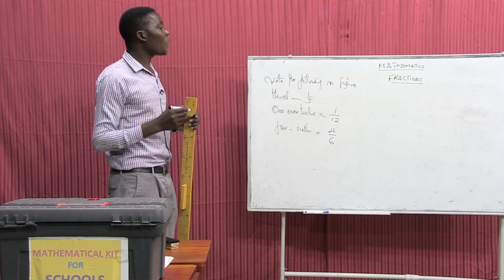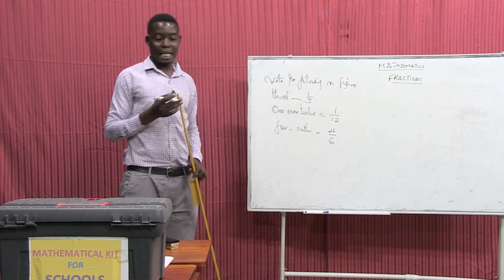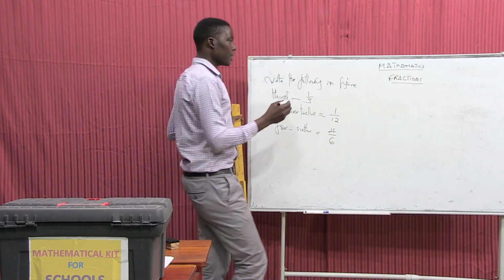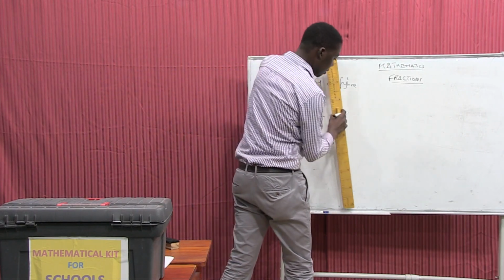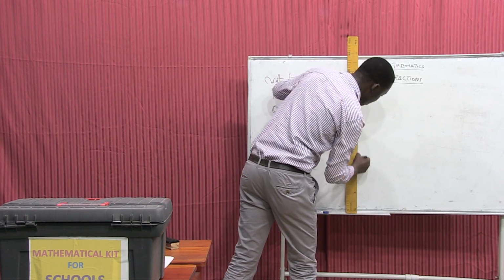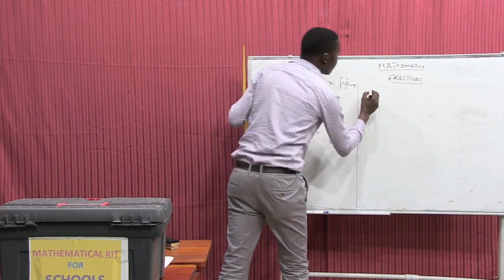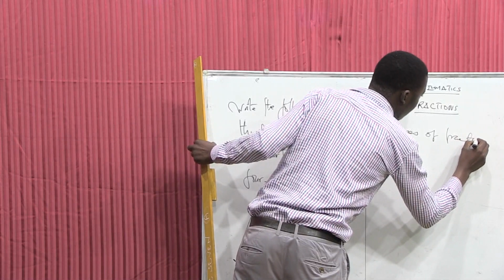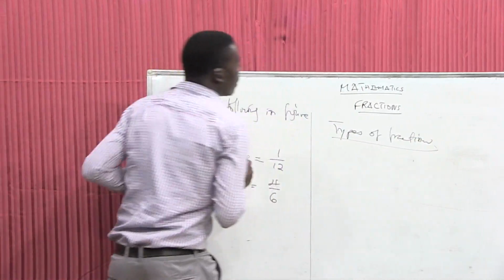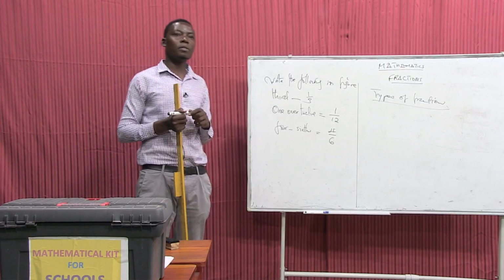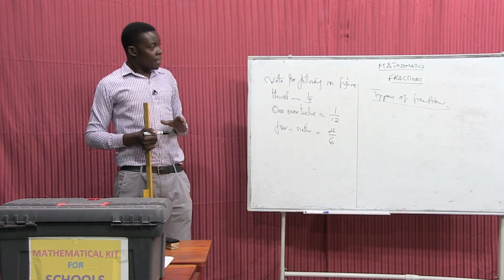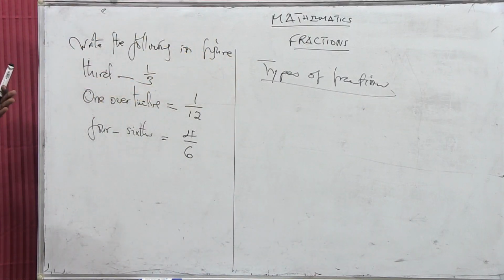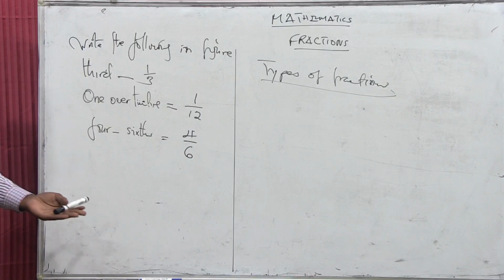After this one, we have something called types of fraction. When we are dealing with fractions, we start from the ground.